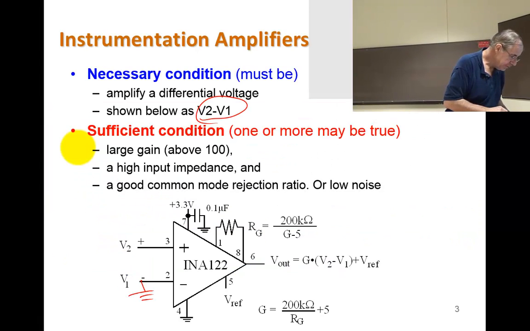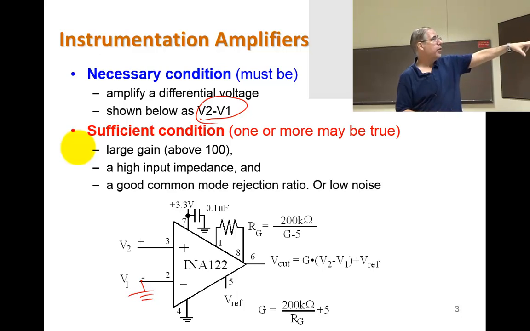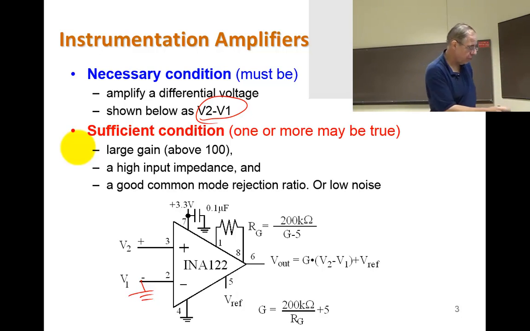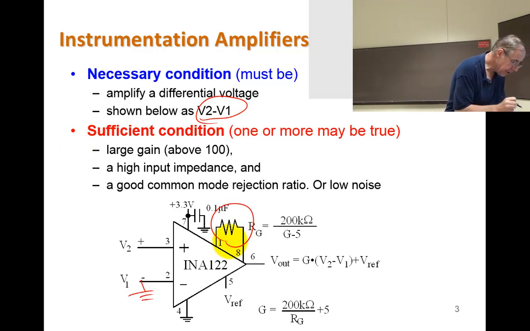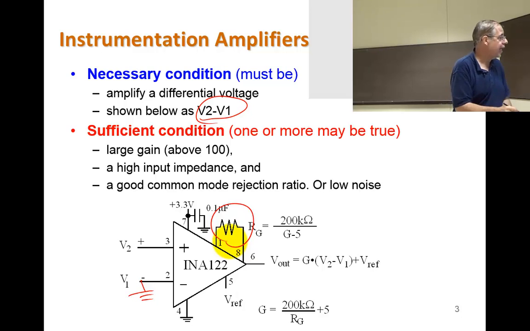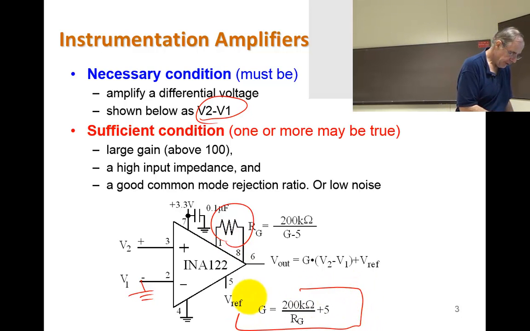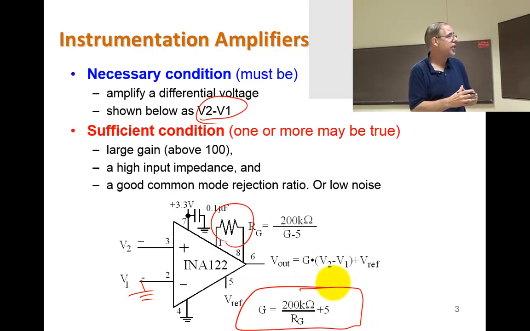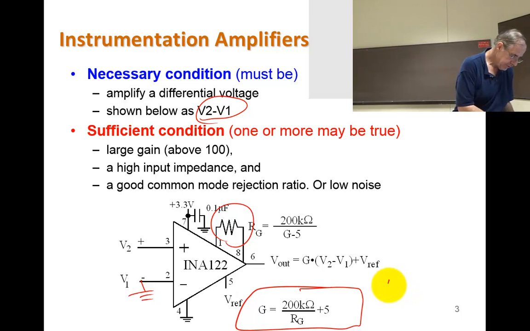All right. But the one we're giving you has one resistor that shows up here between pins 1 and 8. And that resistor will affect the gain of this. So if you leave the resistor off, removed totally, so it's infinite, you'll have a gain of 5.